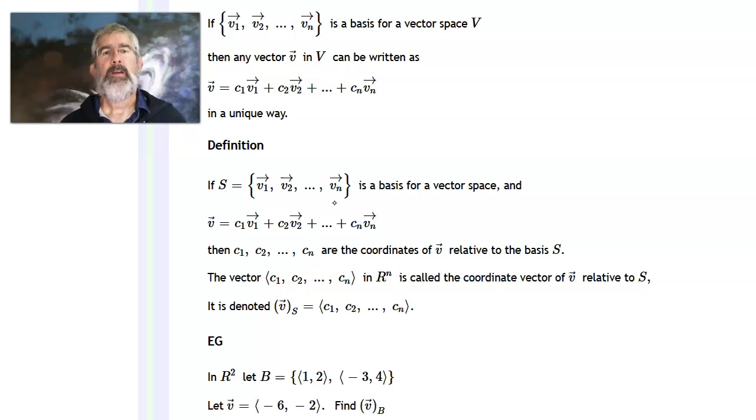As long as it's got the same things in it, I don't care what order they are in, it's the same set. However, when I'm assigning these coordinate vectors, I need to make sure that I know the order, because I'm writing an ordered list of numbers, C1, C2 up to Cn. So if I were to switch some of these vectors around, I might have to switch some of these coordinates around. We'll see an example of that below.